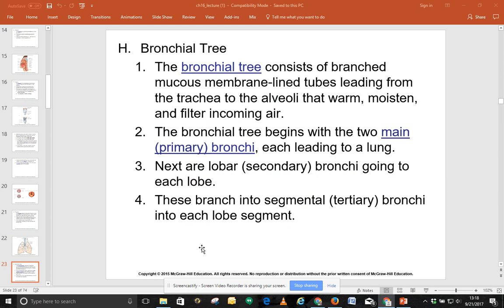Next are the lobar secondary bronchi, going to each lobe of the lung. Now, these branch into segmental or tertiary bronchi into each lobe segment. So basically, it's like a tree limb that keeps branching out and eventually gets very, very microscopically small.